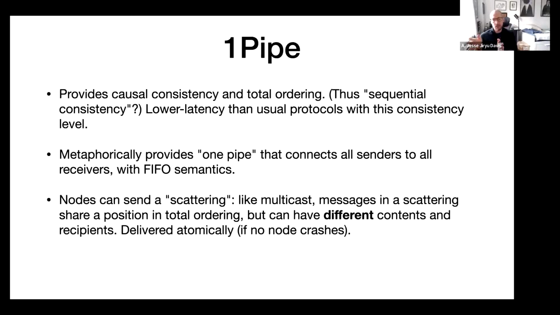And they are delivered atomically, meaning either all recipients receive the messages in the scattering or none do, but that's only guaranteed if there's no crash. Not the recipient, the sender, the switches in between, none of them can crash. If so, then we get this atomic delivery.